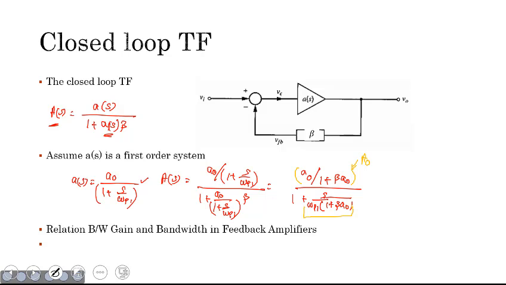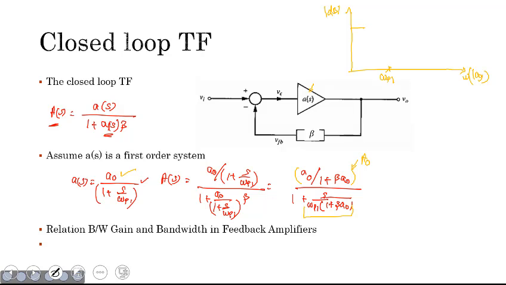So let me put back our magnitude plot here, where I have omega in terms of log scale, and here is our dB, or I just want to plot our transfer function. Okay, so let me first emphasize this small A of S, which is nothing but the open loop system. So I had in my open loop system a single pole, and that pole was at omega p1, and we also had a DC gain that is equal to this A naught.